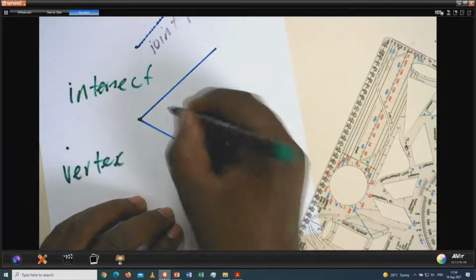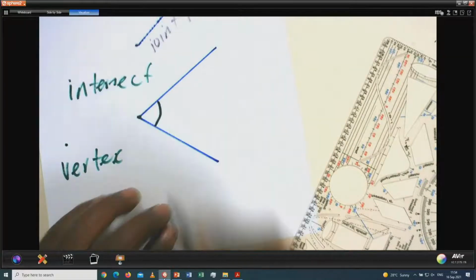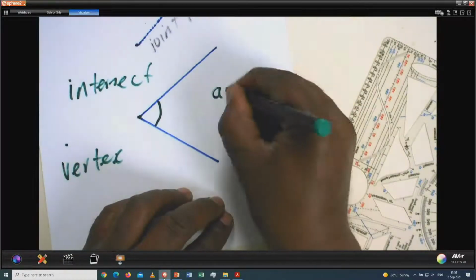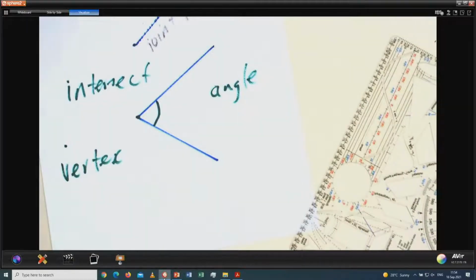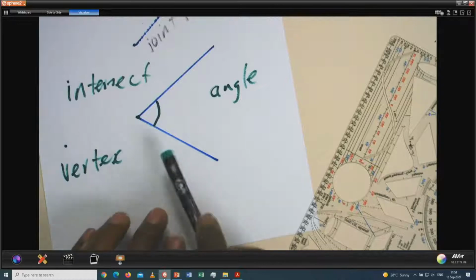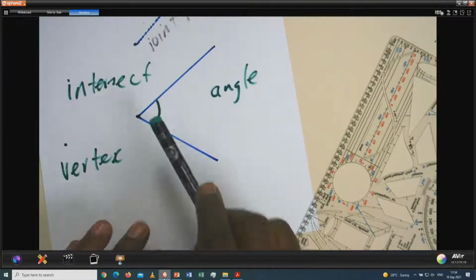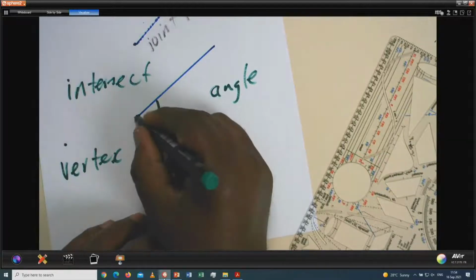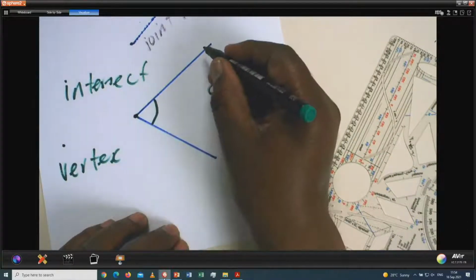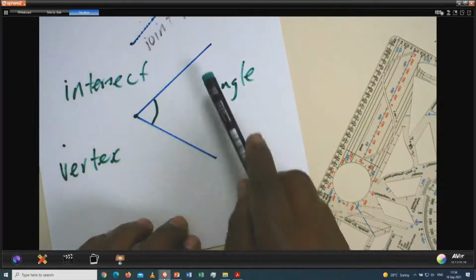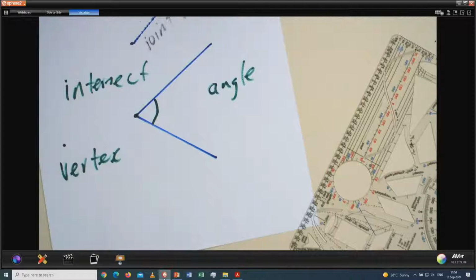The lines joining at the point give you what is called an angle, that space. How can you explain this space? If you know this is a vertex, and this is a line, and this is a line, then you can easily say it is the space between the lines with the vertex.